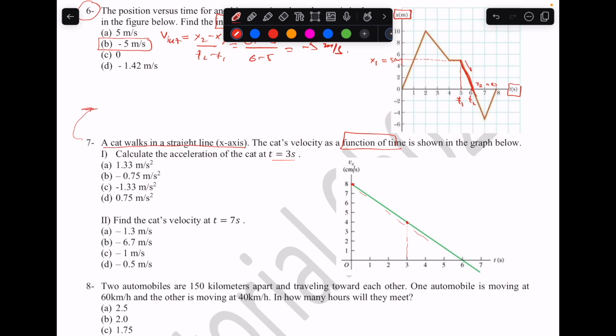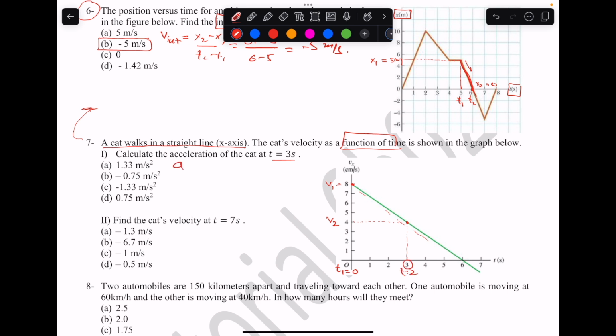Okay, so here's your v1, and this is your v2. This is your t1, which is 0, and this is your t2, which is 3.